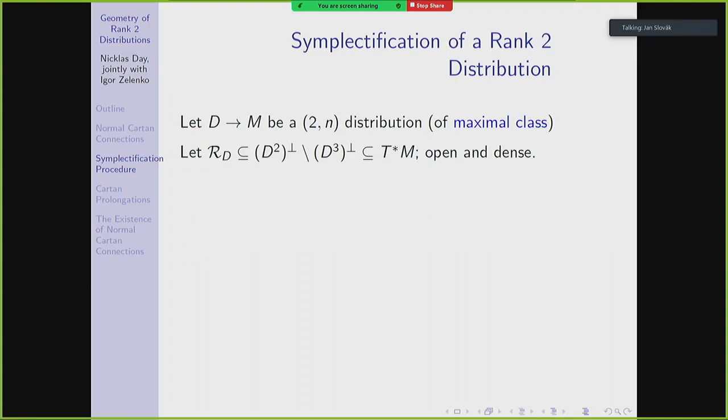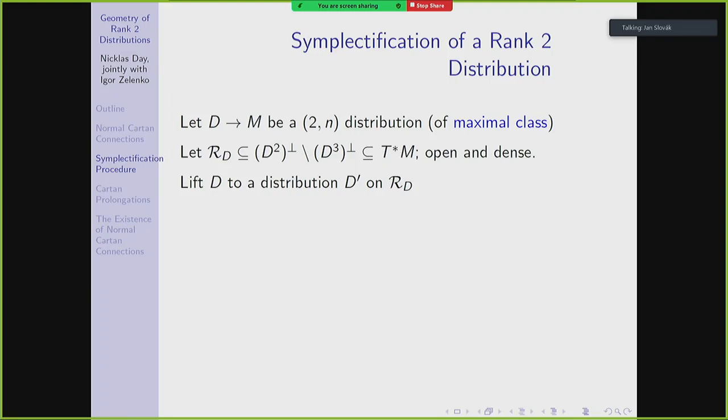And we can take from D the annihilator of D2 in the cotangent bundle, which is just the covectors that annihilate the second piece of this weak derived flag, and take away the annihilator of D3. On some open dense subset of this set, we're going to lift our distribution. We're going to lift D to a distribution on RD, which is this open dense subset.